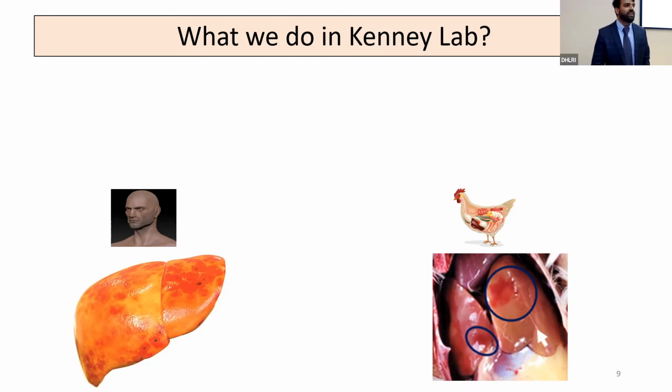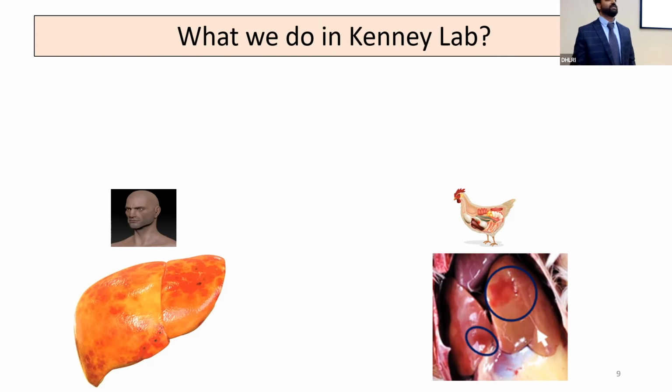So the idea started around 2001. Can we develop a chicken liver model to understand what's happening in humans? At that point, Kenney Lab decided to enhance the replication of the avian HEV. Let me tell you, avian hepatitis E virus does not infect humans.